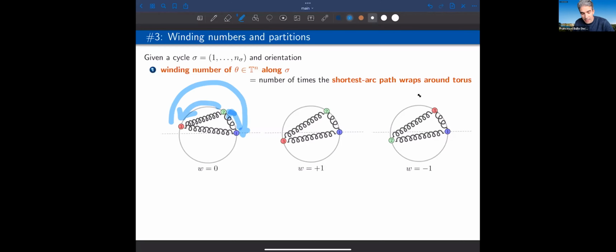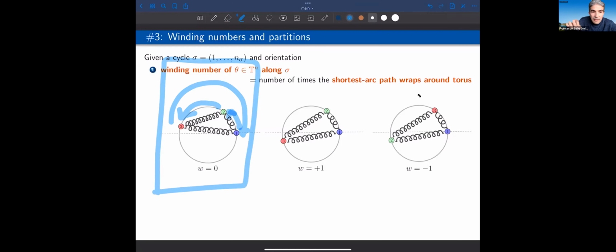So when you have done that on the image on the left here, the resulting path that you have completed, I'm going to call it a closed path because you start at 1 and end at 1. It's composed of shortest arcs. That path wraps around the torus 0 times.